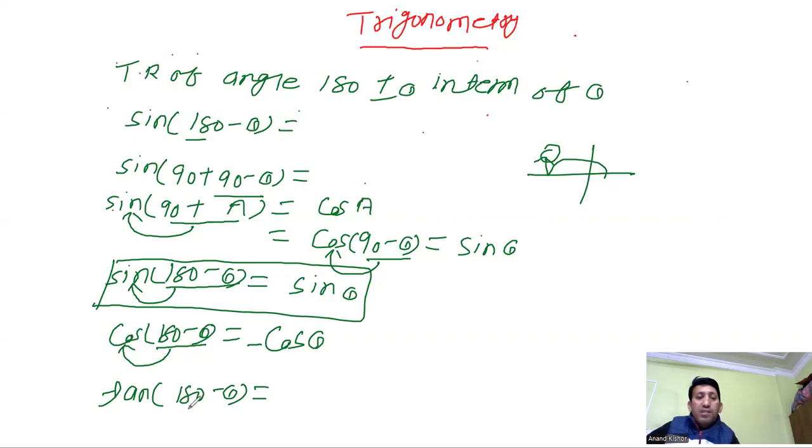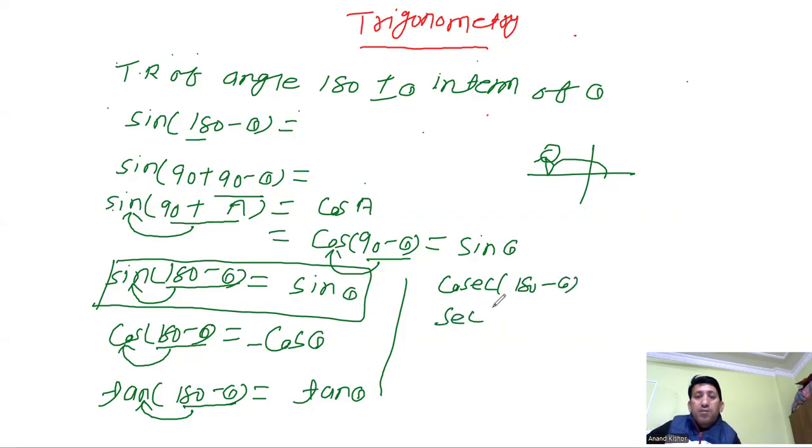Tan, this is not 90, not 270. Tan remains the same, tan theta. And one more time, 180 minus theta, second quadrant, tan is negative. So it is minus tan theta. And one more, cosec 180 minus theta, sec 180 plus theta.